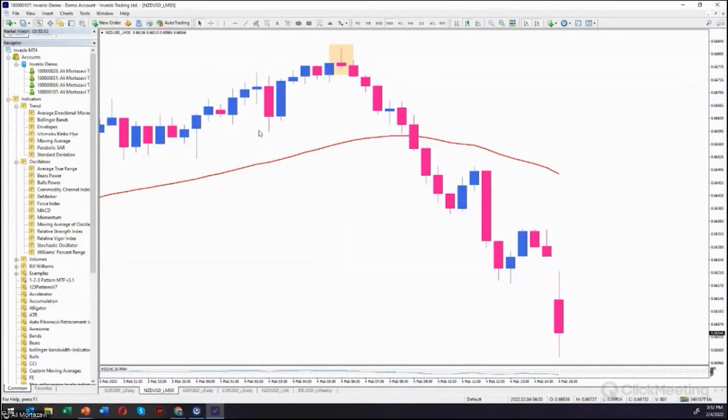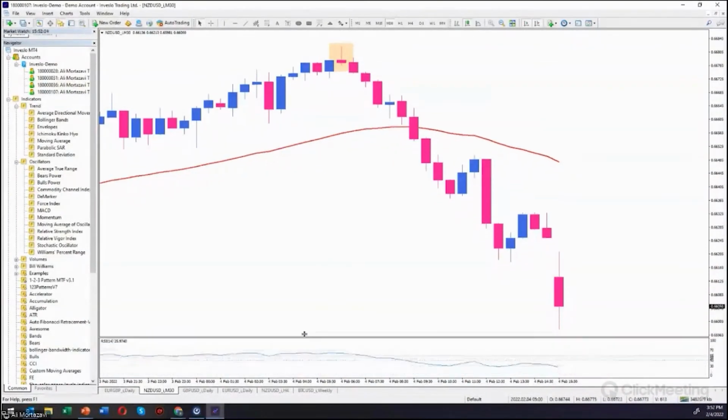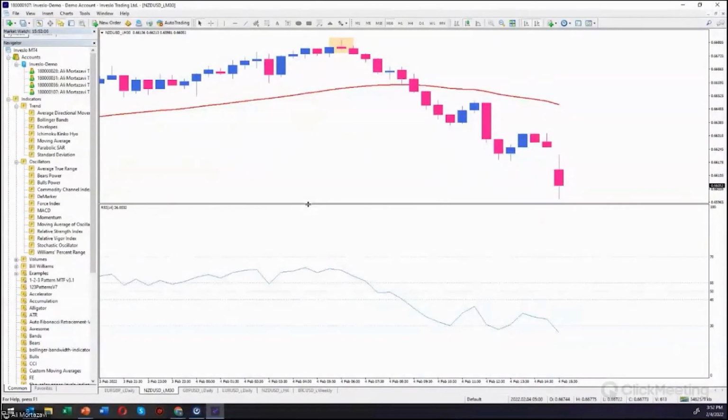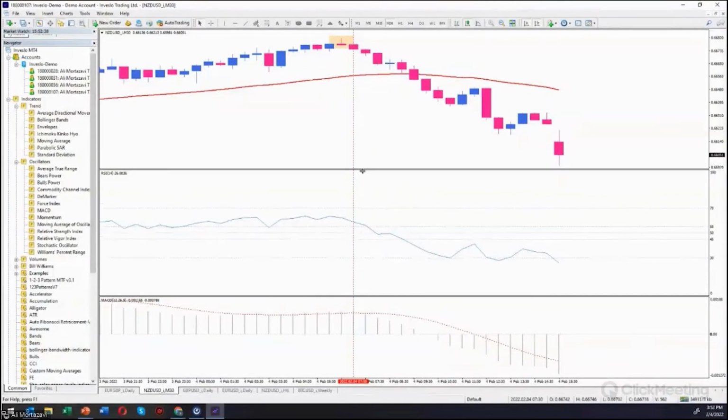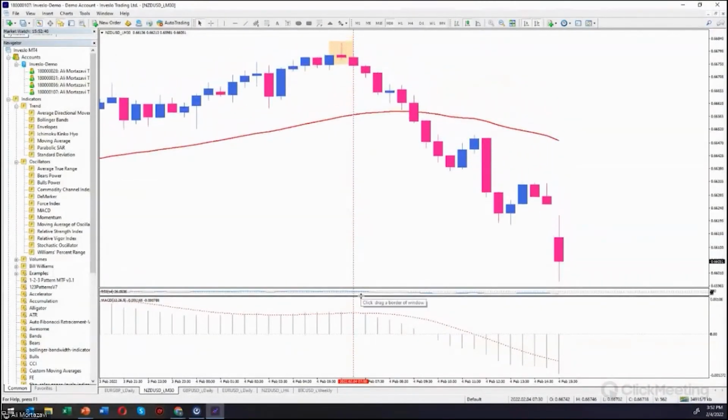As a simple strategy, I can use, for example, something like the RSI to confirm if the price is getting down, or I can use, for example, MACD to see if it confirms the prevailing bearish sentiment in the market after the appearance of this reversal pattern.